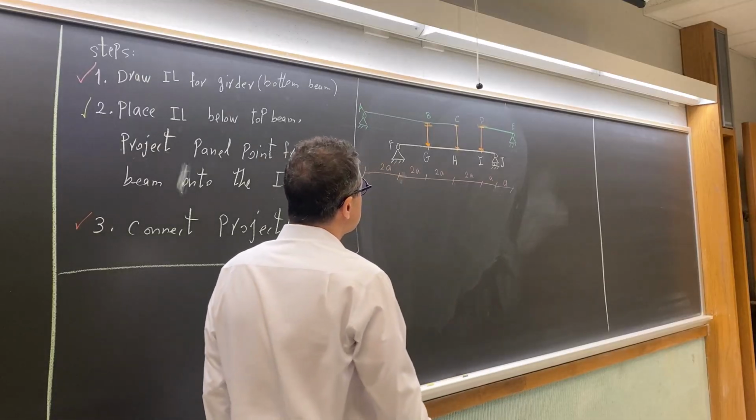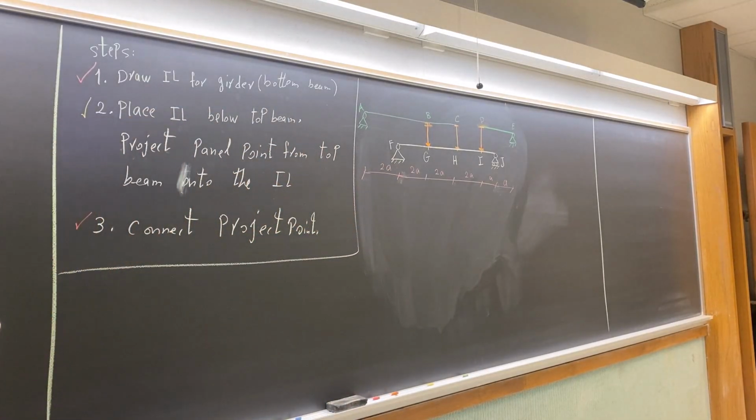So you can see between C and D we don't have the top beam, or we don't have slab, which is fine. This is the design.